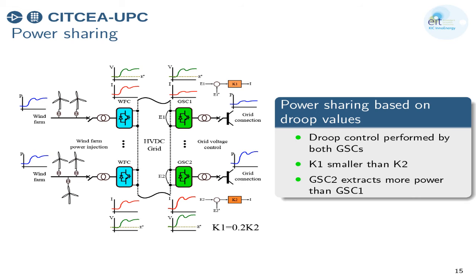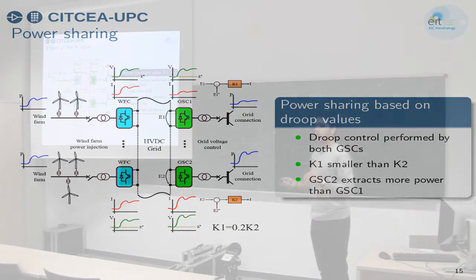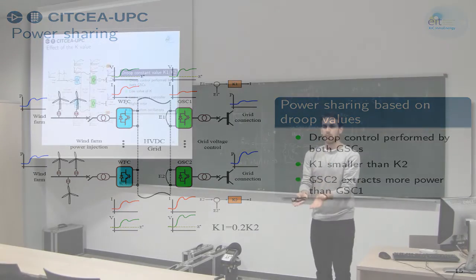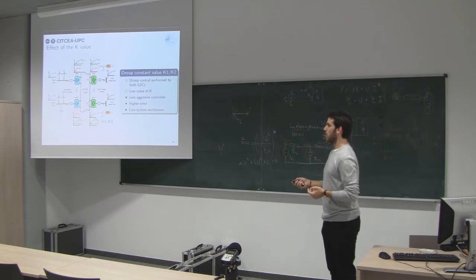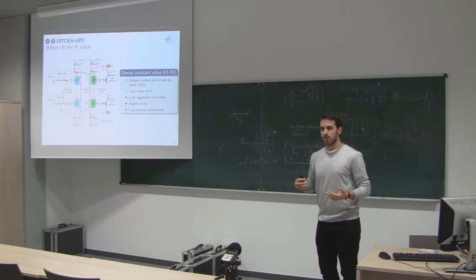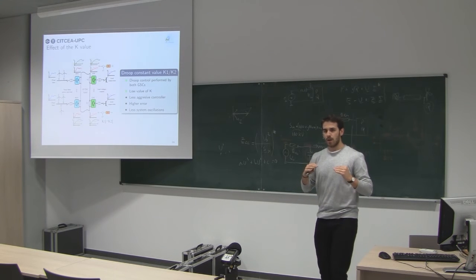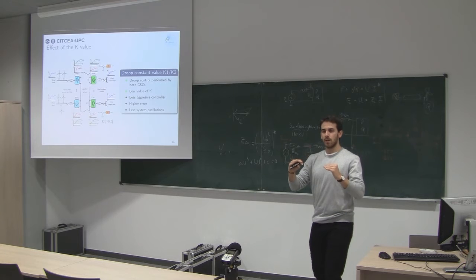What happens with the K value? If you have the same K values, then you assume you will extract more or less the same amount of power. What happens if you increase both or decrease both? If you decrease both, you have a less aggressive controller, so you are reacting smoothly to the error.